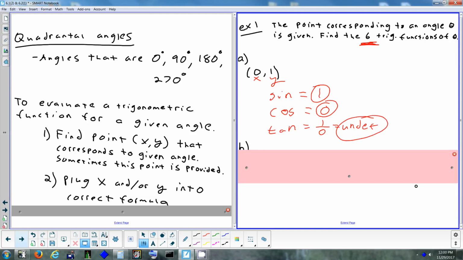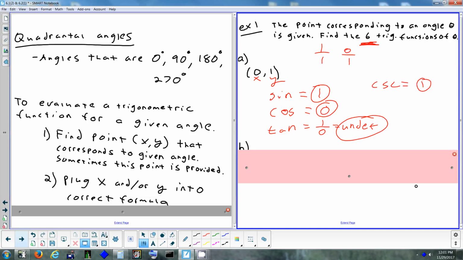Now, once you get the first 3, what did I say you do with each one of them to get the next 3? Just take and flip them. Now, I know 1 isn't a fraction, but if you wrote it as a fraction, it would look like that. What do you get if you flip 1? 1. 0 as a fraction would look like that. What do you get if you flip 0 over 1?